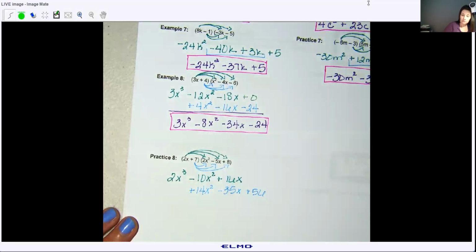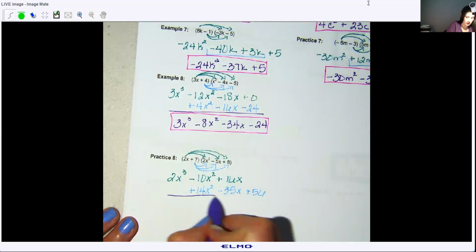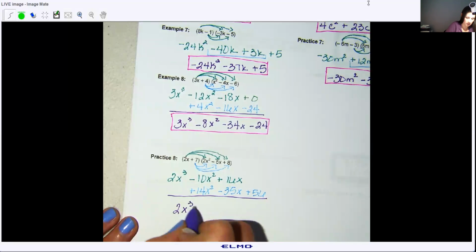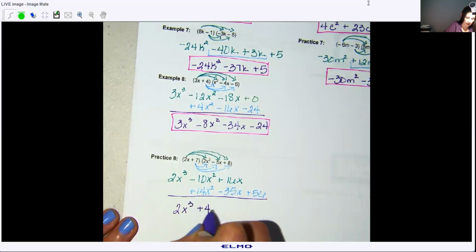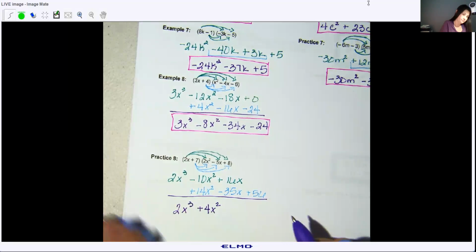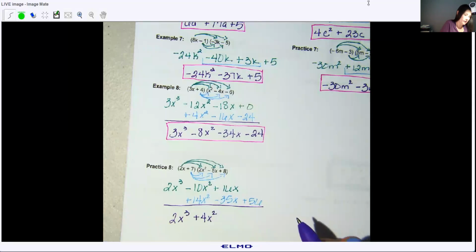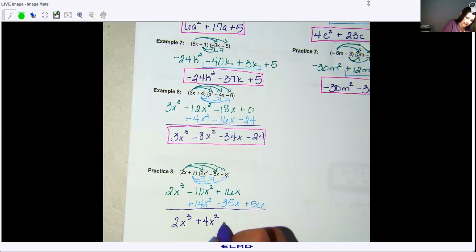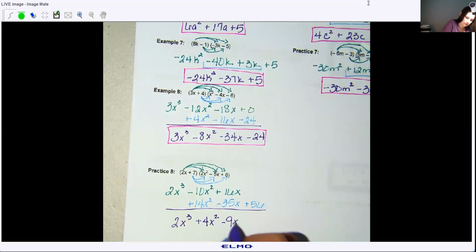Okay, so now I'm going to add up these together. So I have 2x cubed plus 4x squared. And then make sure I'm doing this. Okay, minus 19x plus 56.